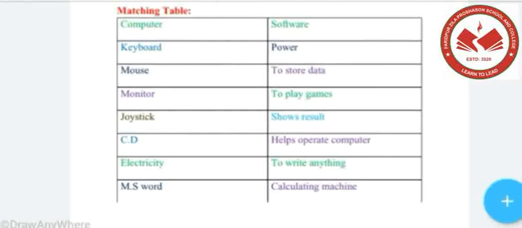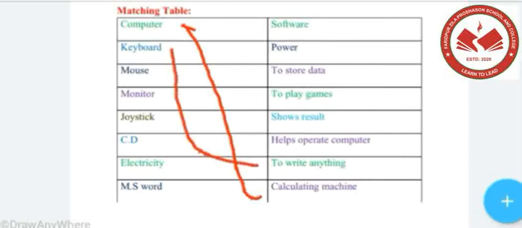Our first option is computer. We know that computer is a calculating machine, so we can make a line between computer and calculating machine. Our next option is keyboard. We know that keyboard is used to write anything, so we can make a line between keyboard and to write anything. Our next option is mouse.